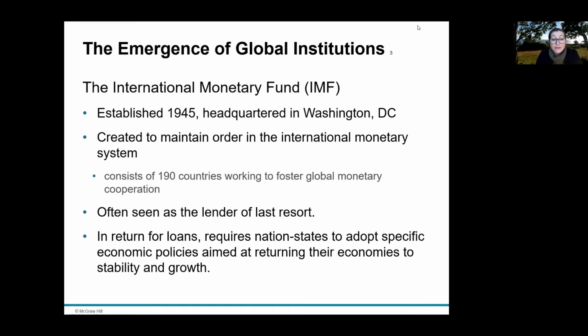Now, the IMF is actually seen as a lender of last resort, because nation states that go to the IMF for a loan are required to adopt specific policies laid down by the IMF that are designed to return that nation state's economy to stable growth.